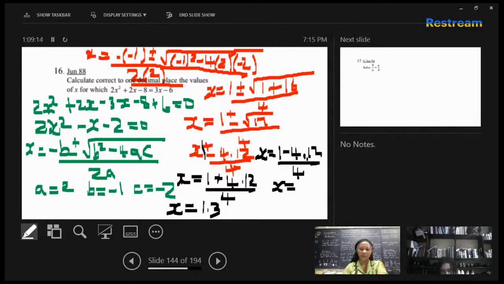So 1 minus 4.12 is negative 3.12. And when you divide that by 4, it's negative 0.78.